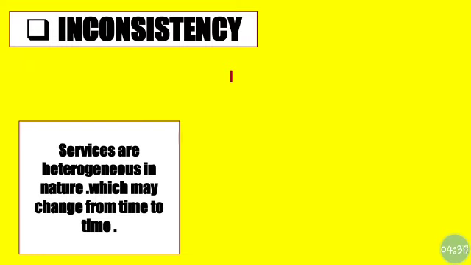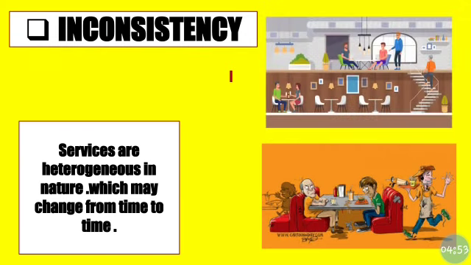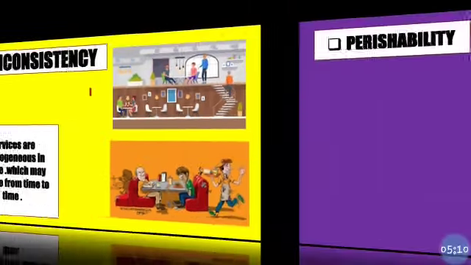But there is a possibility that maybe next time the same doctor behaves in an unfriendly or different manner. Another example, the same restaurant can give different experiences to different consumers. Some like it, some don't. So here we learn that the same services can't be provided each time by the same service provider, and that's why services are inconsistent in nature.